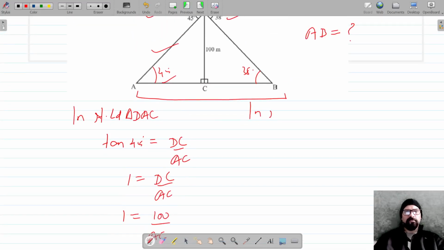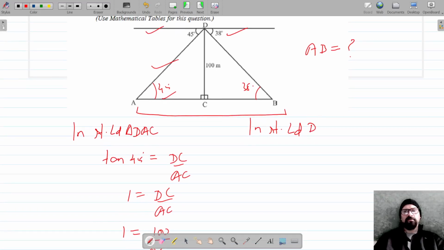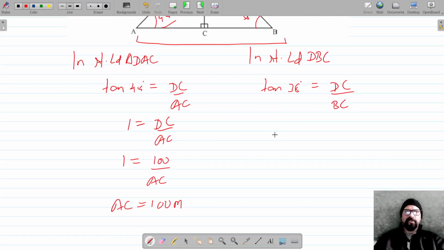Okay, next in right angle triangle BDC, let's use the same, tan 38 degrees. So tan 38 degrees is equal to DC by BC. Now, what is tan 38 degrees? If you look up in the table, the value of tan 38 degrees is 0.781.